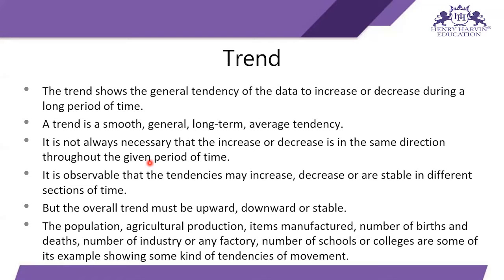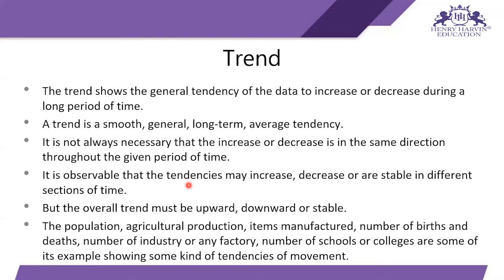Overall it is increasing, or overall it is decreasing. The tendencies may increase, decrease or be stable in different sections of time, but the overall trend must be upward, downward or stable.